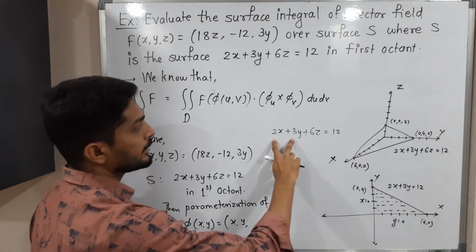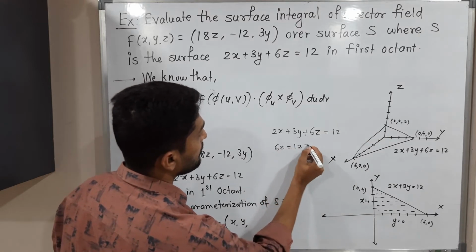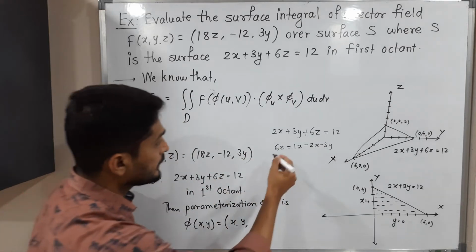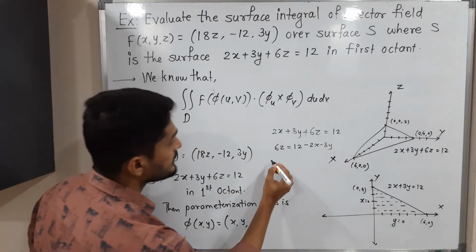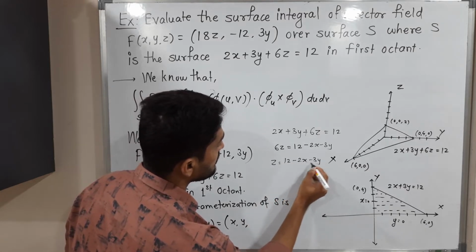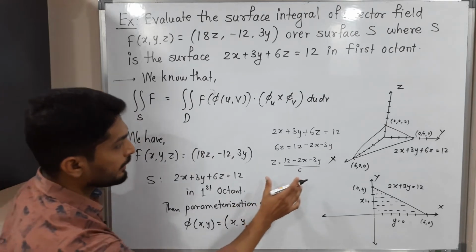Let us shift the remaining two variables to the other side. So 6z is equal to 12 minus 2x minus 3y. Let us shift 6 to the other side. So z is equal to (12 minus 2x minus 3y) divided by 6. So this is the value of z.